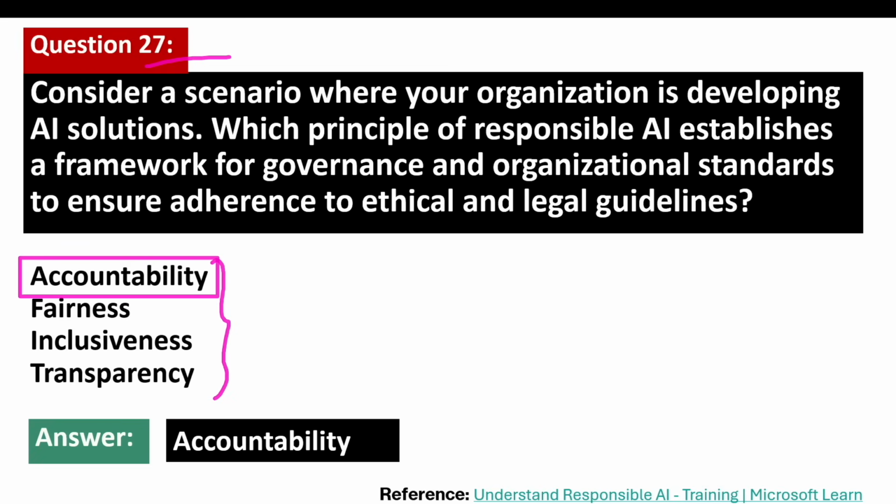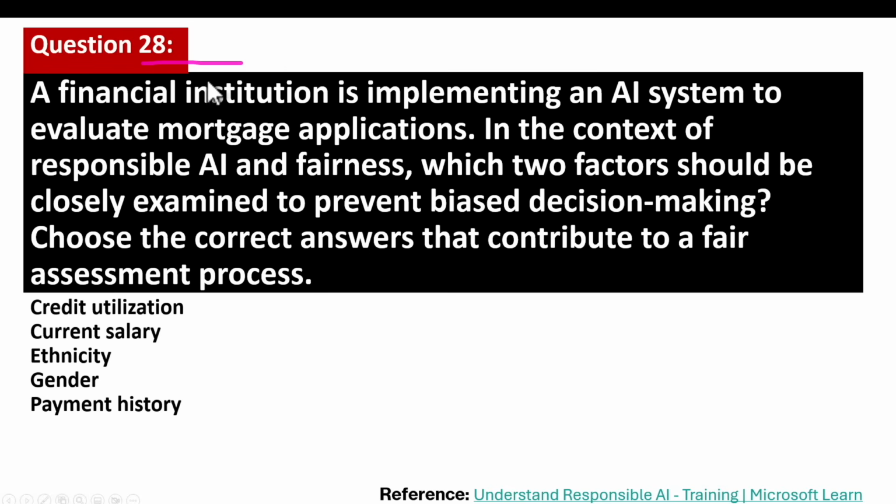This includes the creation of oversight committees and the establishment of protocols for regular audits and reviews. Such governance structures are essential for maintaining transparency and ensuring that AI systems are accountable to both internal and external stakeholders.